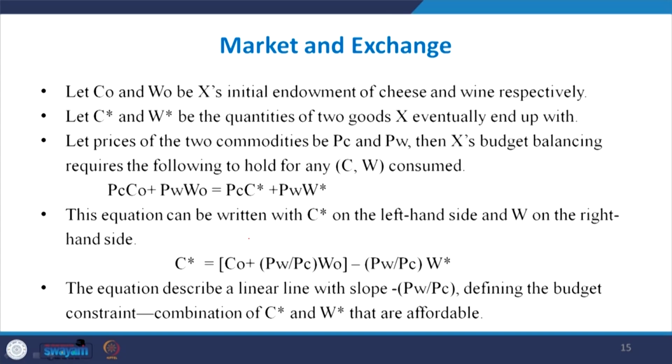Let C star and W star be the quantity of the two goods X eventually ends up with after the trade.